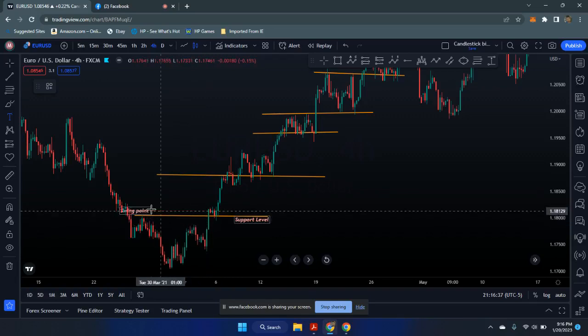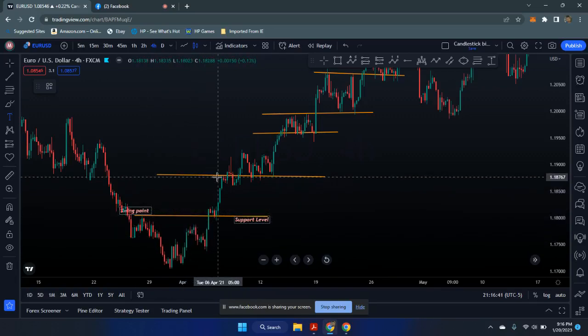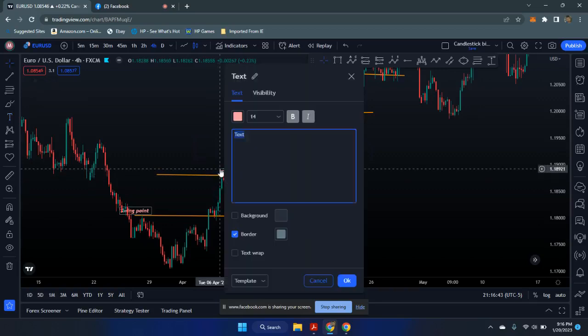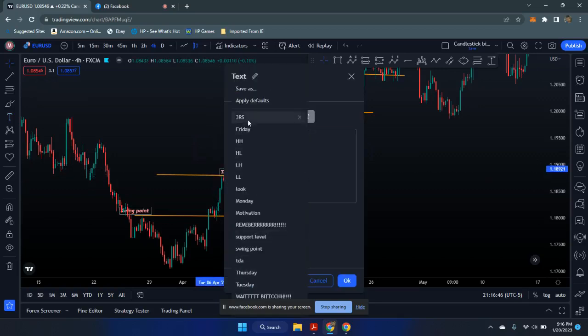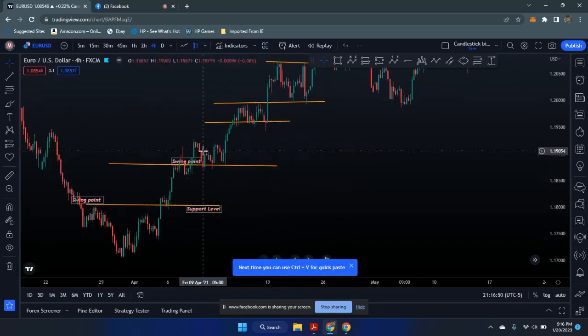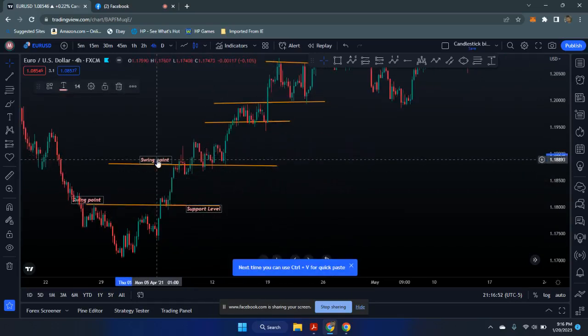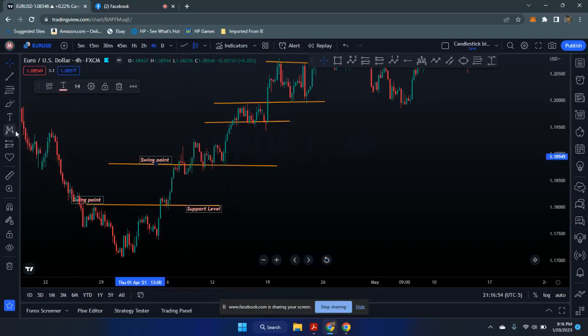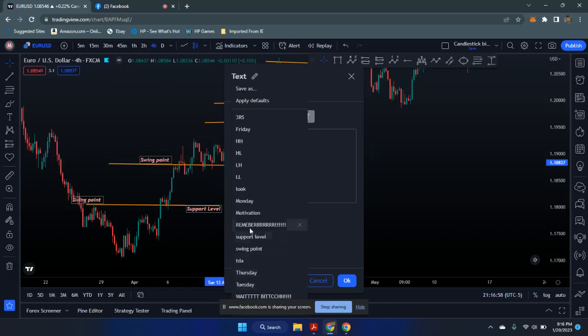Okay, that's that impulsive move. And swing point. And now it acts as a support.